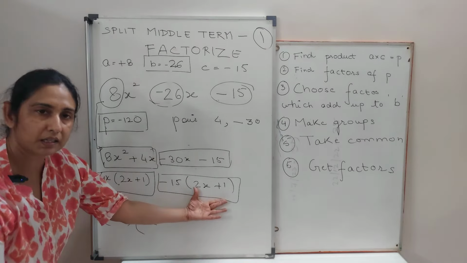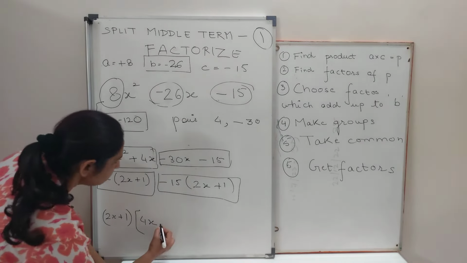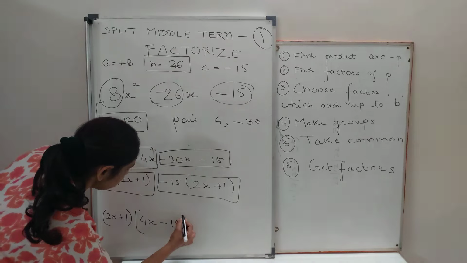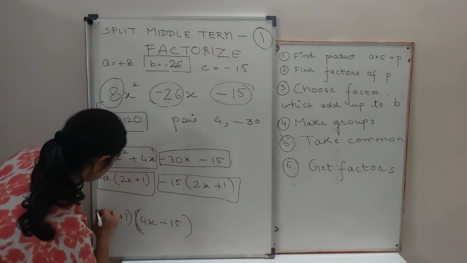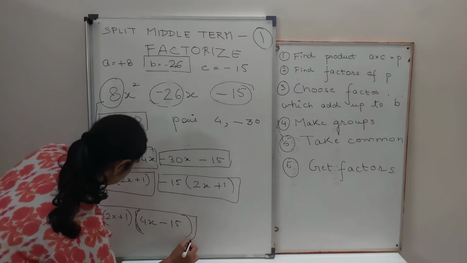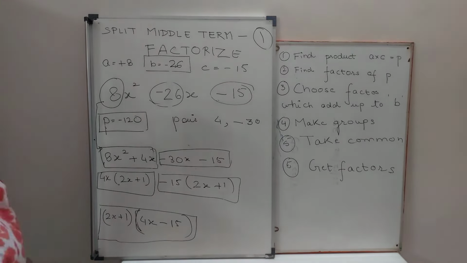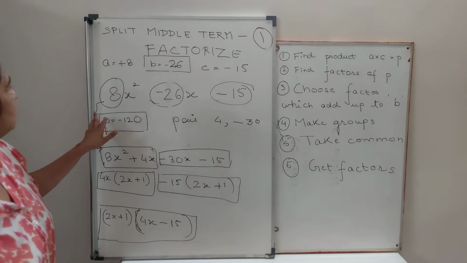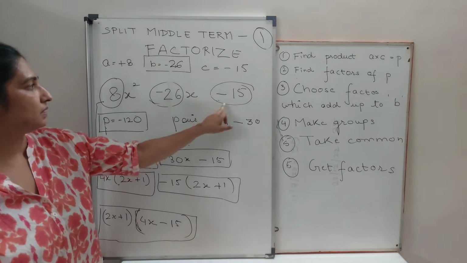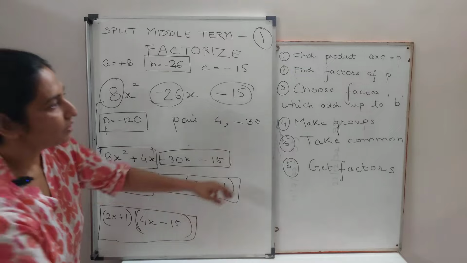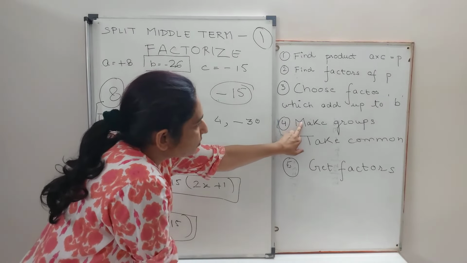I'm left with only minus 15. So this is the factorization. These are the two factors of the original equation 8x square minus 26x minus 15. So what had we done? We made groups.